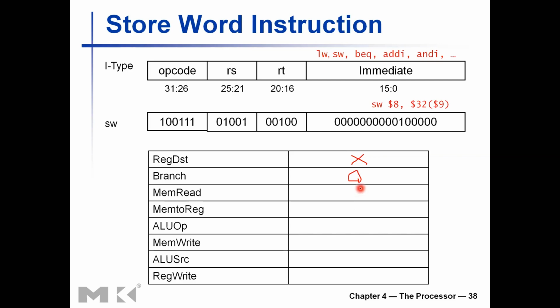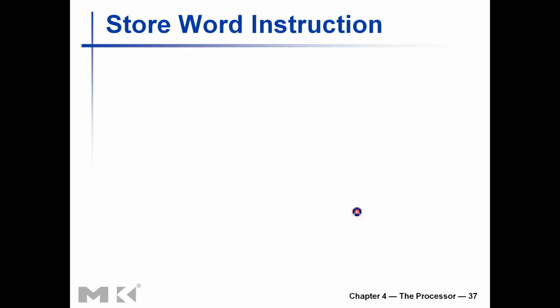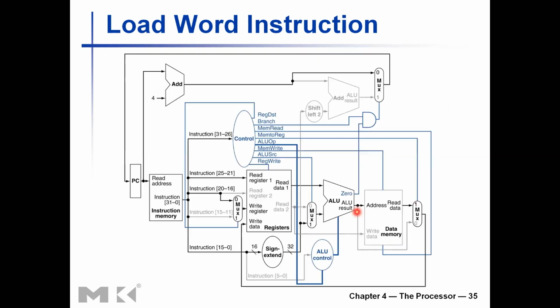Memory read is 0. We are not reading from the memory. We are storing to the memory, or writing to the memory. And what about mem to reg? Mem to reg, that is this.